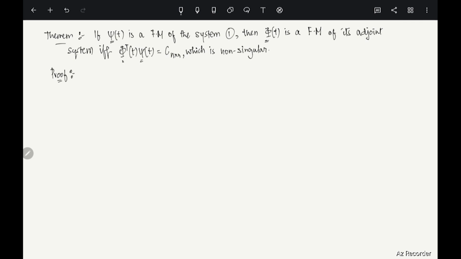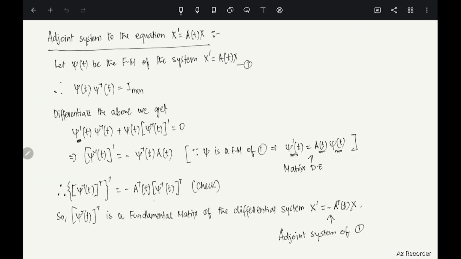Proof of this. So if psi of t is a fundamental matrix of 1, it is given to us, then psi inverse of t whole transpose is a fundamental matrix of the adjoint system.